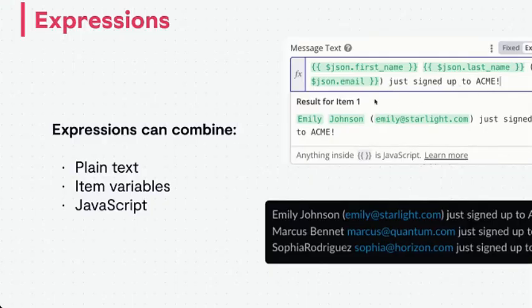Here we have an example of what the message would look like for the first item. We can see that if we execute this node and we have 3 input items, we will get one message that is going to be different for each item in the input.